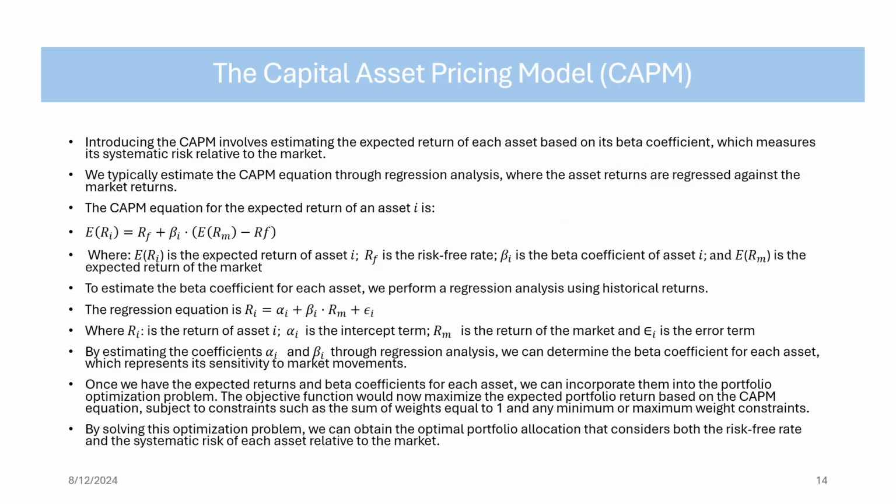So now just to capture the capital asset pricing model, it involves estimating the expected return of each asset based on its beta coefficient, which measures its systematic risk relative to the market. We typically estimate the CAPM equation through regression analysis, where the asset returns are regressed versus the market returns.